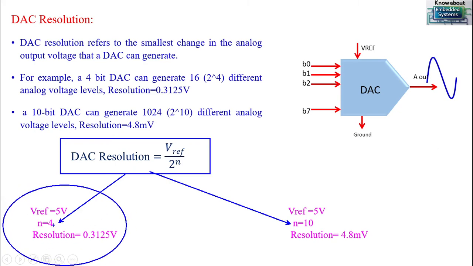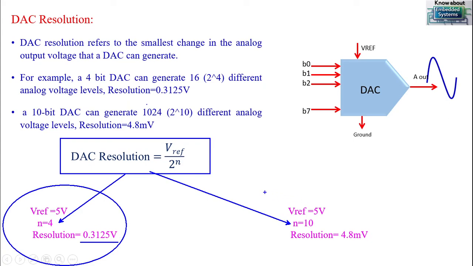Use the formula, reference let us keep 5 volts, and n equal to 4, that is 5 divided by 2 power 4, nothing but 16, and you will get a resolution value of 0.3125 volts. That means with a 4-bit DAC, you can produce a minimum voltage of 0.3125 volts. Okay, so this is the one use case.